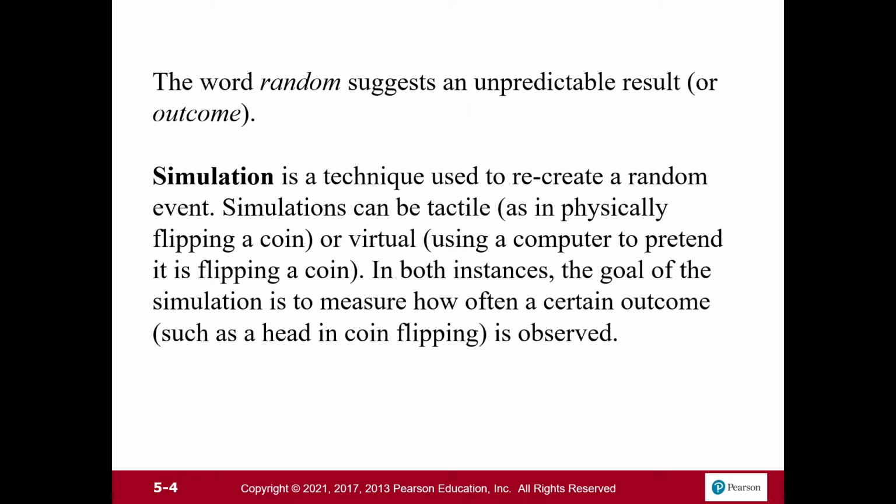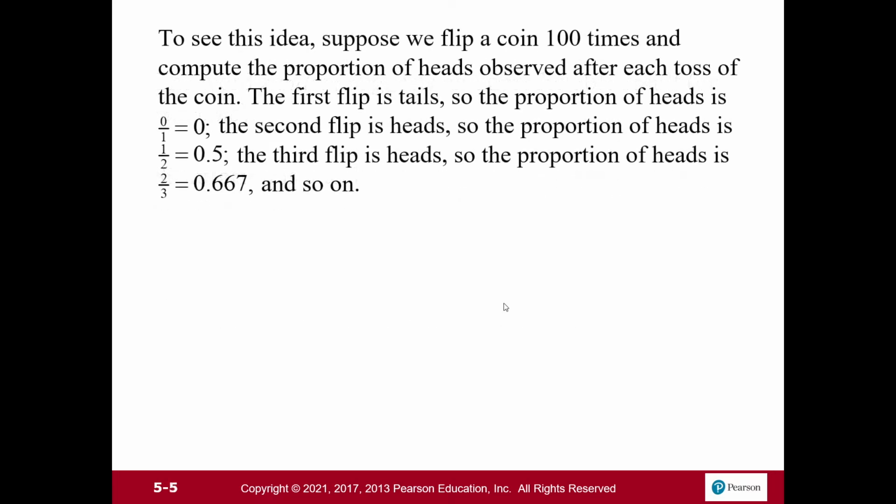In both instances, the goal of the simulation is to measure how often a certain outcome, such as getting a head in a coin flip, is observed. So oftentimes we will simulate a random event by flipping a coin, and we try to figure out what's happening there.